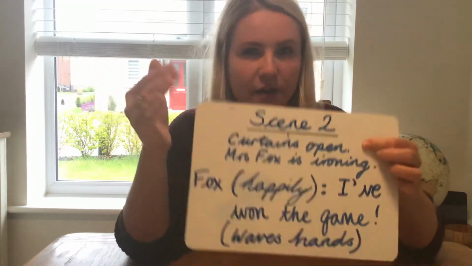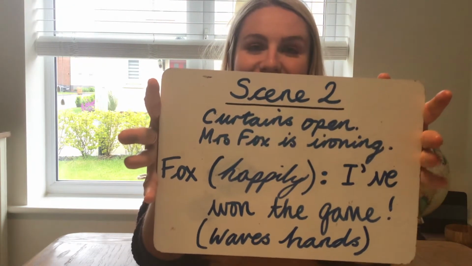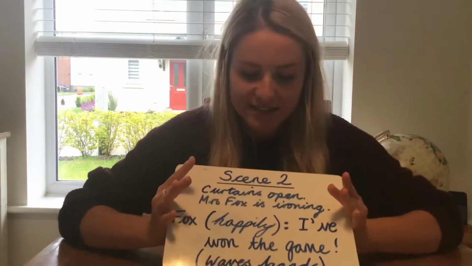We also have certain things that are normally written in italic writing, which is like slopey, slanty writing. And you can see there, I've tried to do it as best I could. It's quite hard to do italic writing. And they're called stage directions.